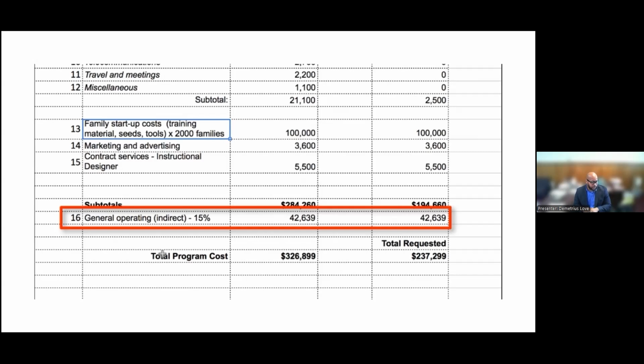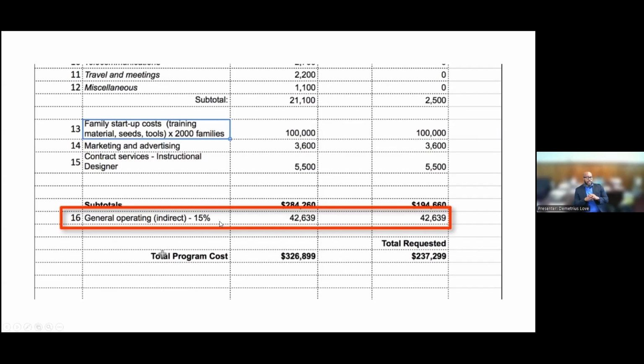Somebody tell me that number. Somebody divide 100,000 indirect into 400,000, your direct cost. 0.25, that's 25%. So what you will have here is 25%.